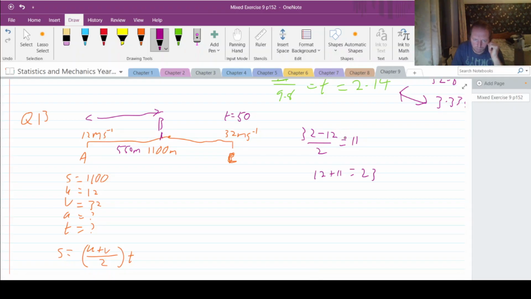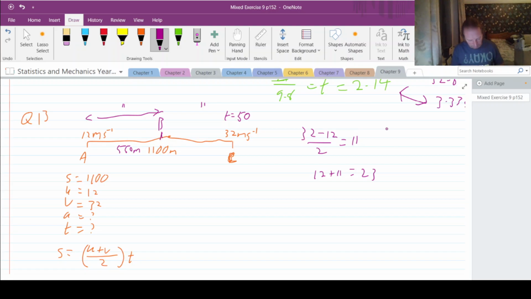Because it must increase by 11 in there and 11 in there. Which would be 23, and that makes it up to 34. Why? Because that doesn't make 11.